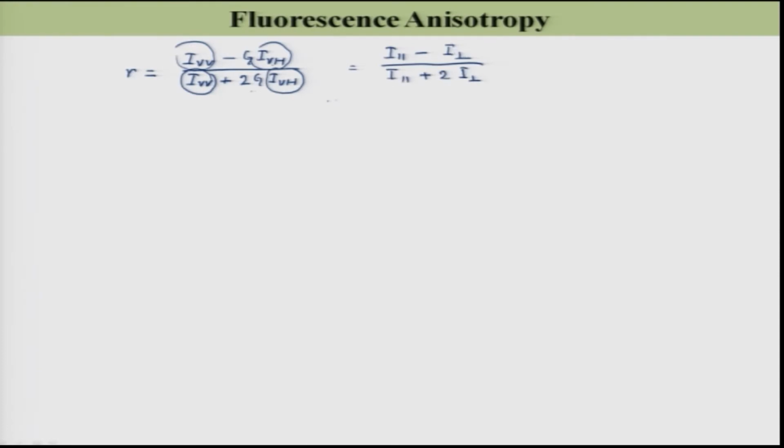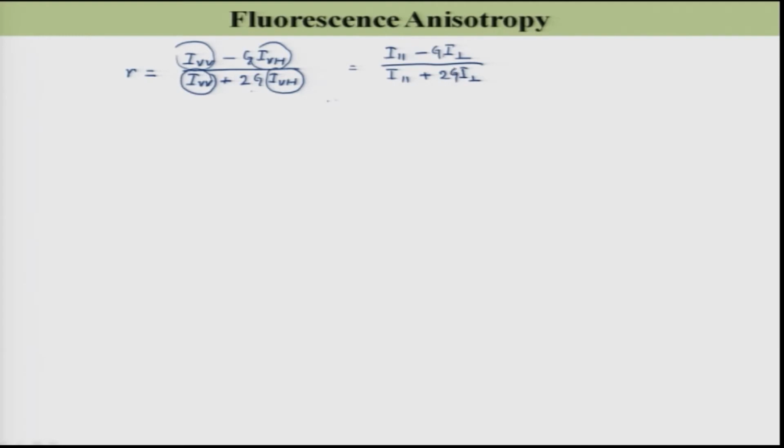After reaching the monochromator, it becomes VH and VV, right, and there is the sensitivity problem. So, I put this G, but generally we do not care so much, and we always write G over here, 2 G I perpendicular.